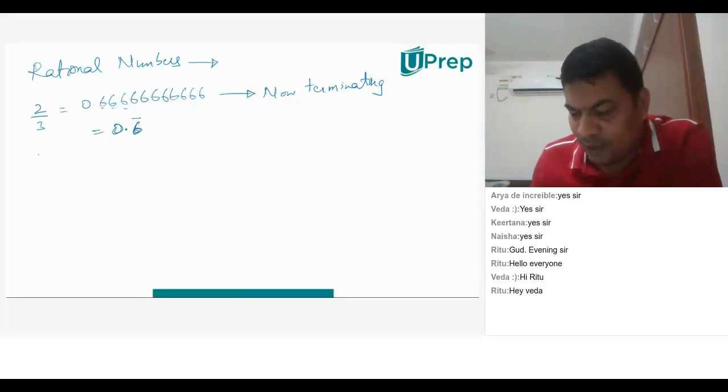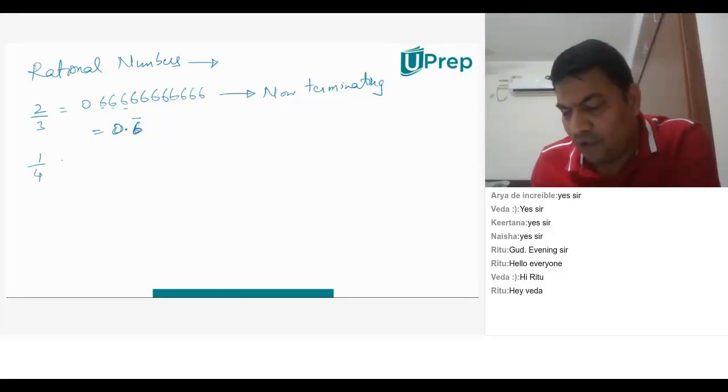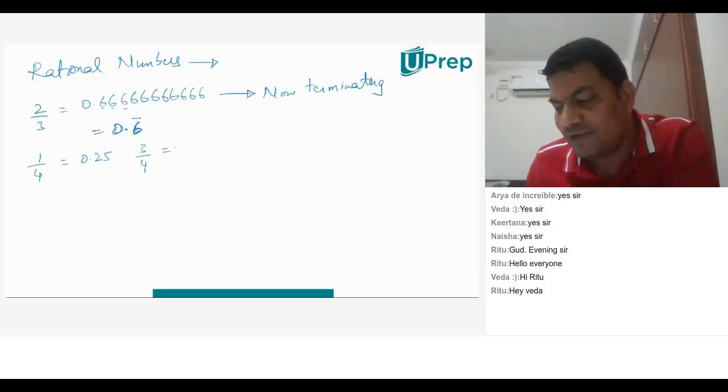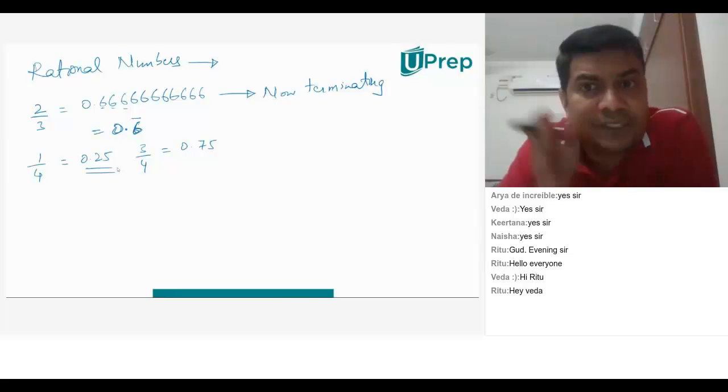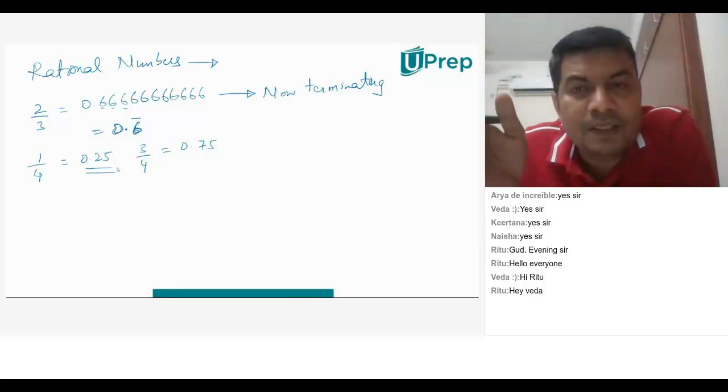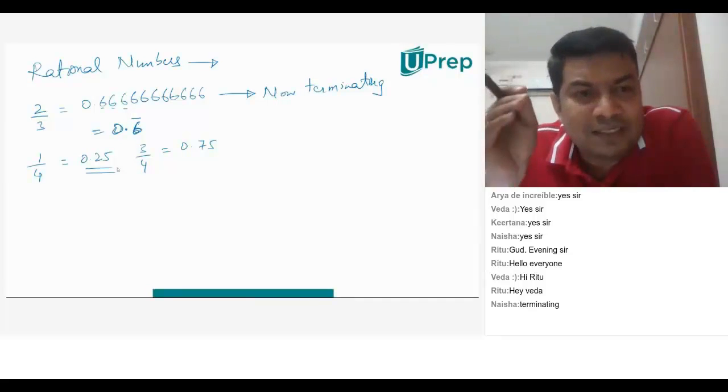Whereas if I take a number like, say, 1 by 4. Now 1 by 4, if you calculate, is 0.25. If you calculate 3 by 4, it is 0.75. So is this decimal value terminating or non-terminating? It's terminating because it's ending, it's defined. So whenever it is defined, it is terminating.